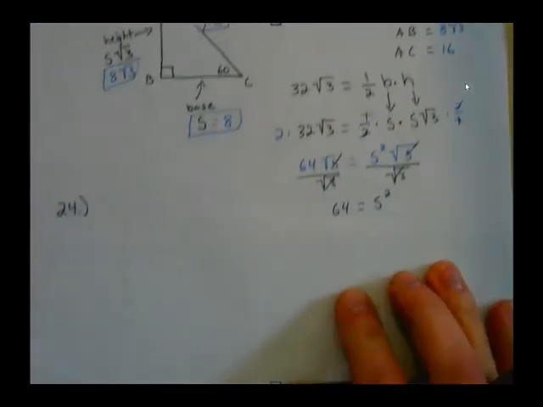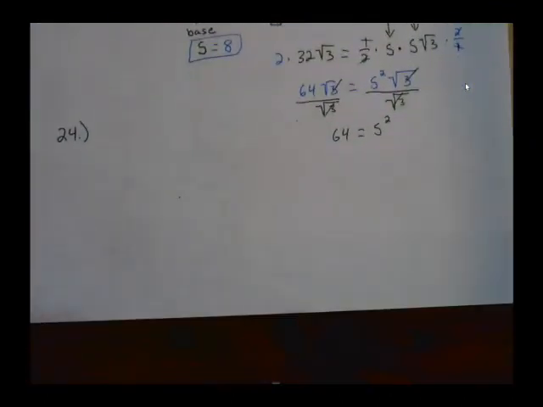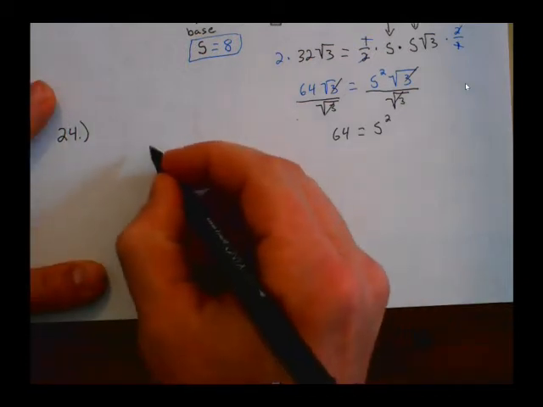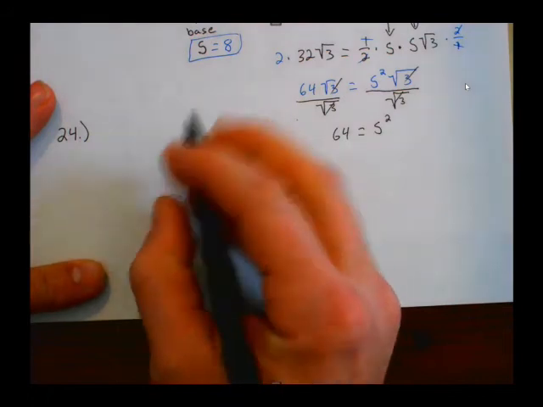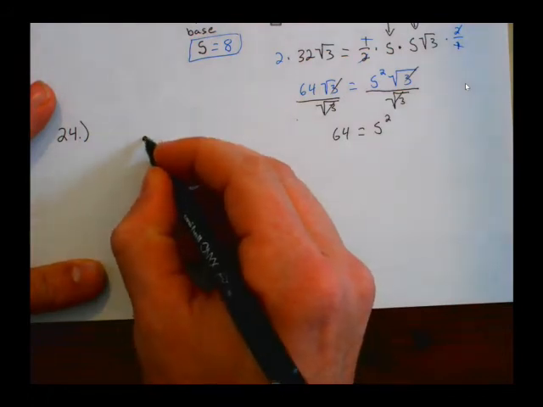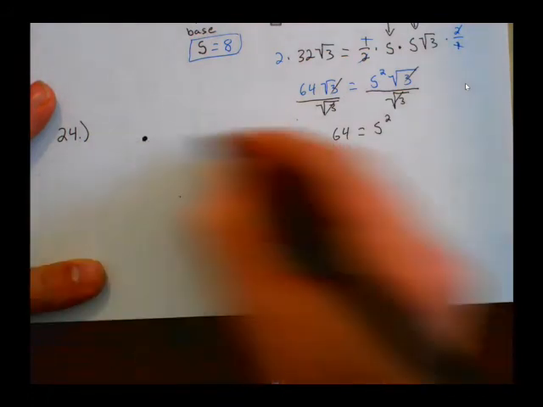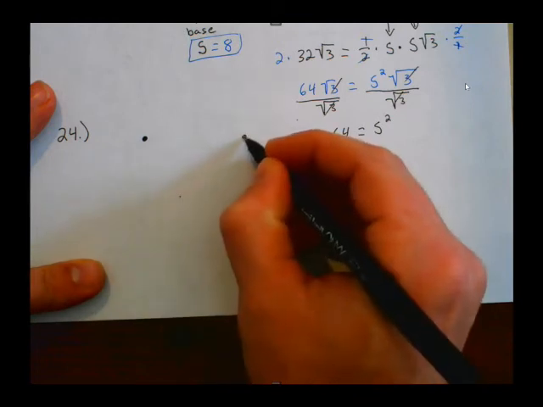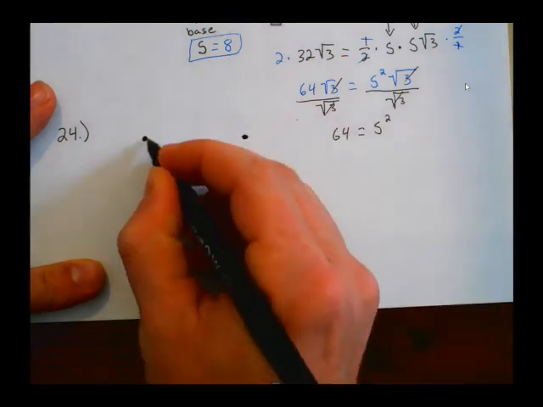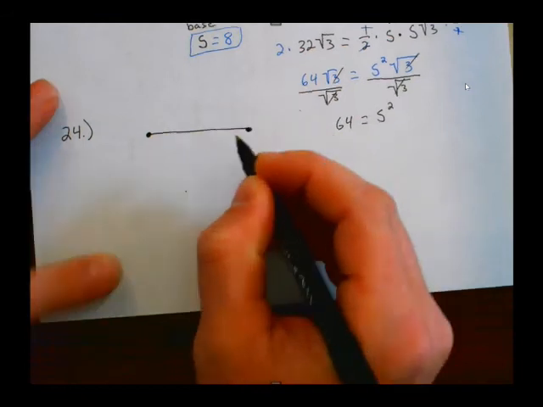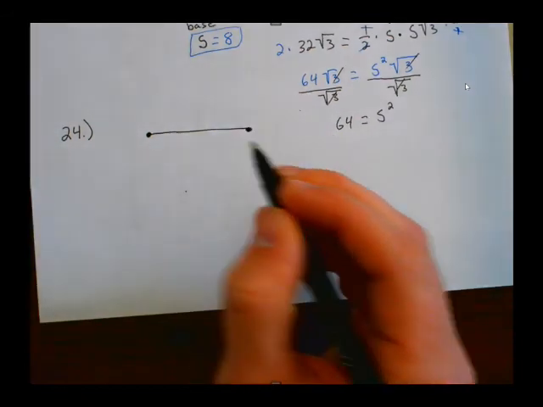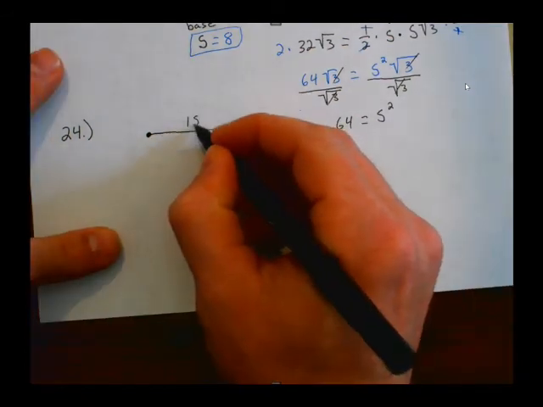Number 24 is the last one I had a question about, and that is a real-life problem that you can solve using a 45-45-90 right triangle. Let's say in my backyard I want to string up some lights. I've got a tree right here and a tree right here, and the distance here is 18 feet.